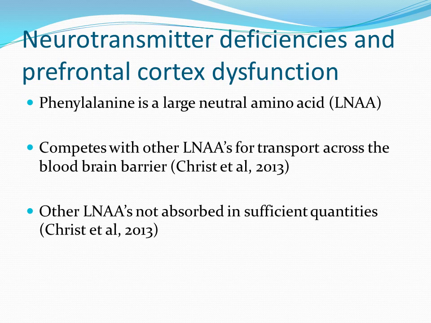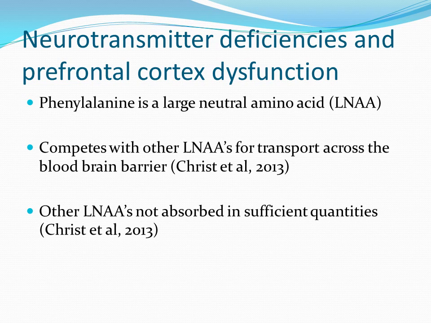Okay, so now we're going to have a look at some of the prefrontal cortex dysfunction and how that's affected by neurotransmitter deficiencies. This actually arises in two different ways. First of all, phenylalanine is a large neutral amino acid, or LNAA. It competes with other LNAAs for transport across the blood-brain barrier.